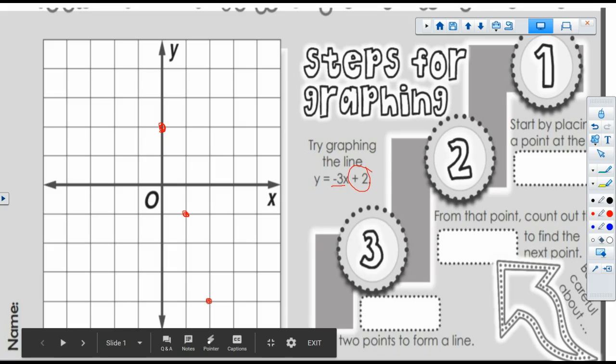Let me see if I can get a straight edge. Where did my ruler go? Here it goes. And keep in mind that you want to put arrows at both ends because this line is continuous. I do not have a straight edge. It does not allow me to do that.